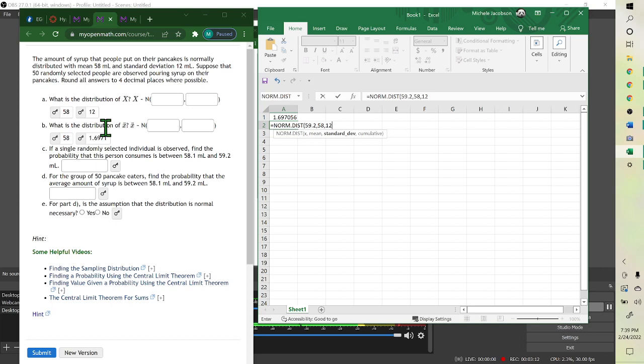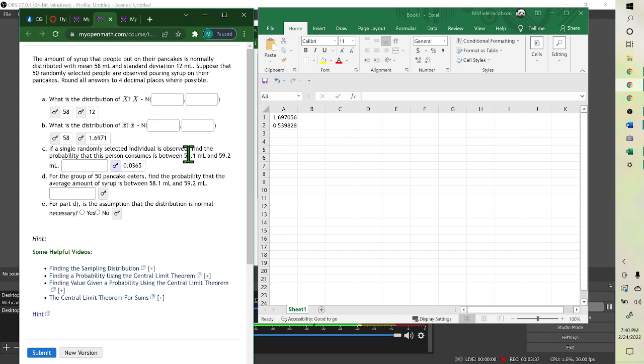You put commas between them, and then cumulative under the curve is 1, so it's always 1. And hit enter. Do they want the percent? No, they want the decimal. So 0.5398, that's below the 59.2.